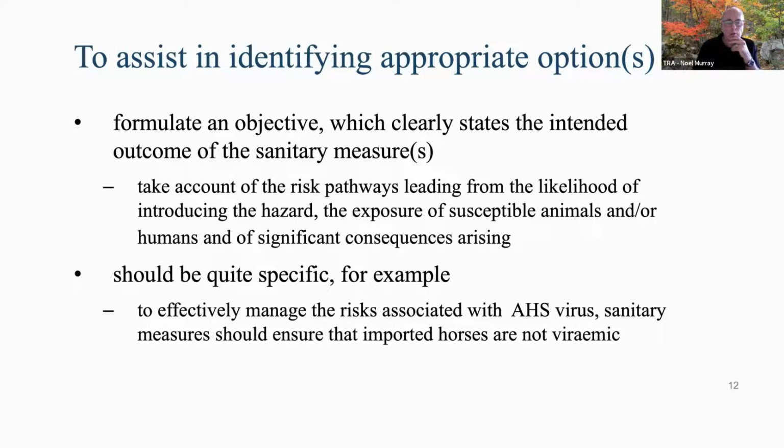And the objective itself should be quite specific. So for example, for African horse sickness, we might formulate an objective that states to effectively manage the risks associated with the virus, sanitary measures should ensure that the imported horses are not viremic. So we have a clear understanding of what the objective of the measures or measure is.